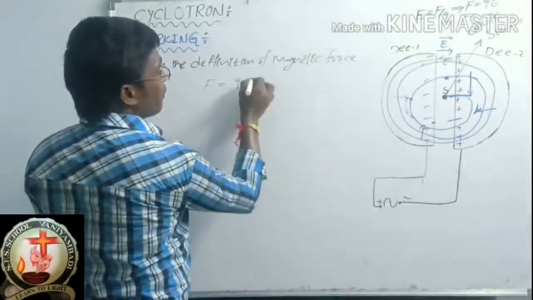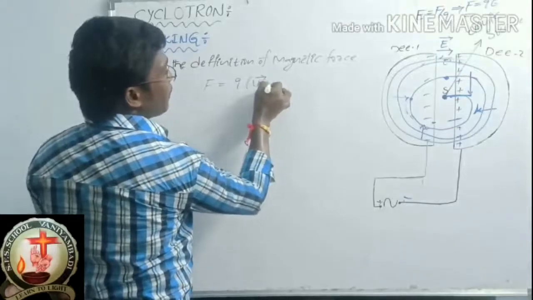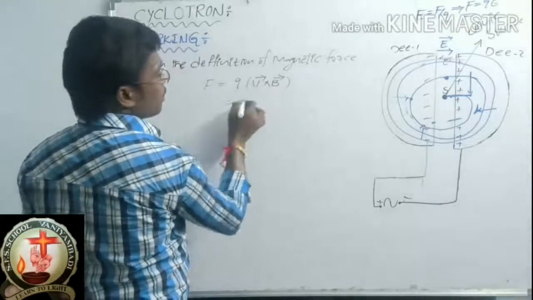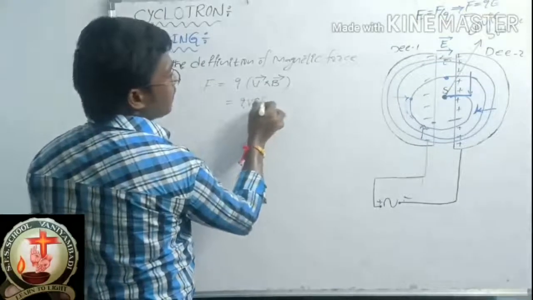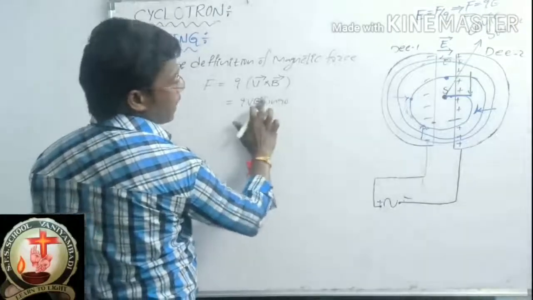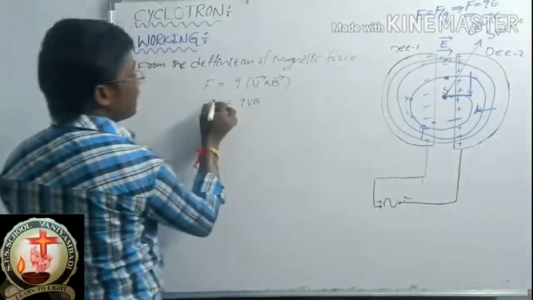Q of V bar cross B bar. These both are always perpendicular, so Q V B sin theta. Theta value is 90, these both are always perpendicular, so sin theta is 1. So the final F value is Q V B.